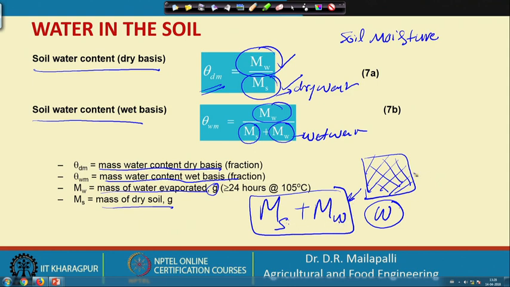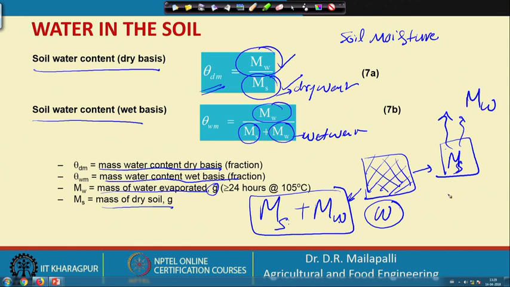The moment you dry it using an oven, the water is going to evaporate. That is Mw, and the amount which is left is Ms, the mass of solids.